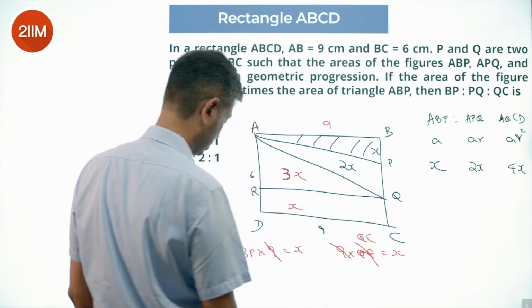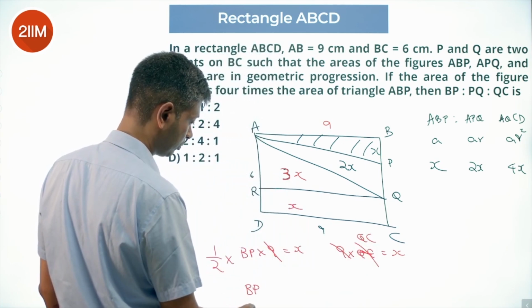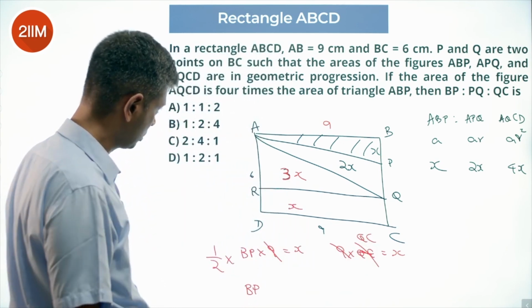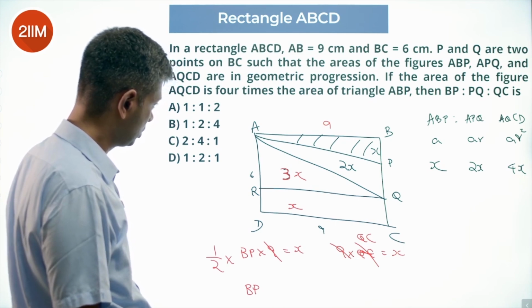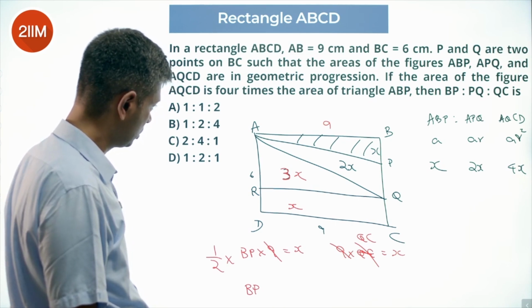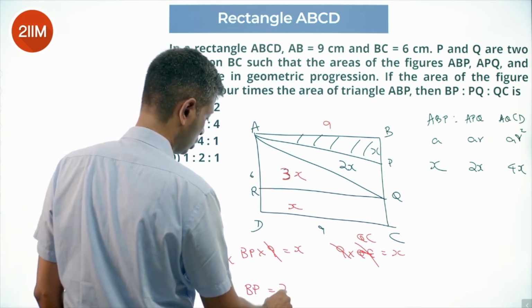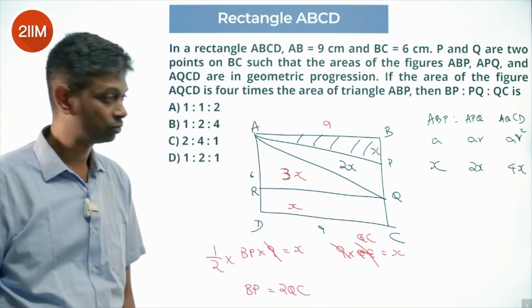QC will remain. BP is equal to 2QC, or QC is BP by 2.